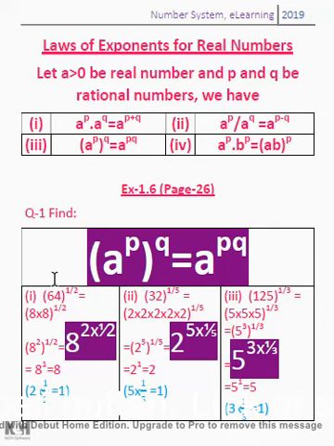It is 64 raised to the power 1 by 2. We know that 64 is a perfect square number. It is a square of 8 because 8 into 8 is 64. Therefore, we can write it as 8 squared to the power 1 by 2. And here from the law of exponents, this can be written as a raised to the power p into q.